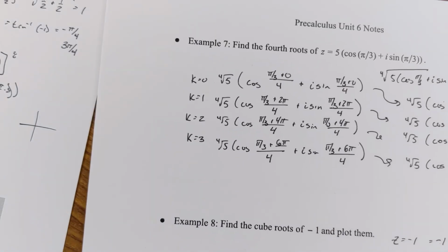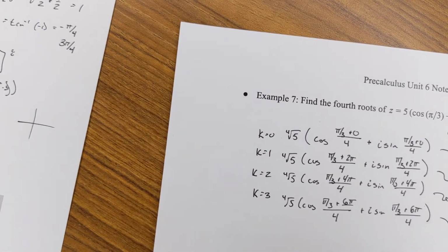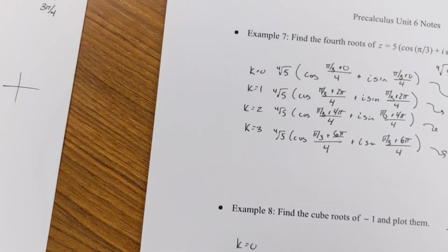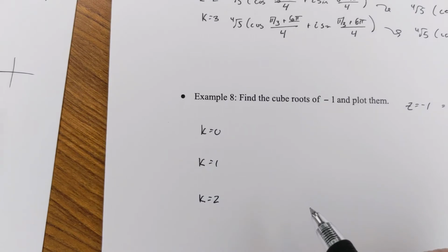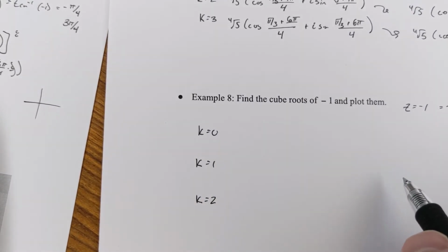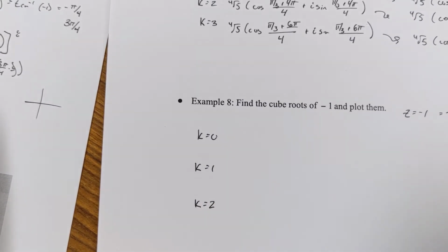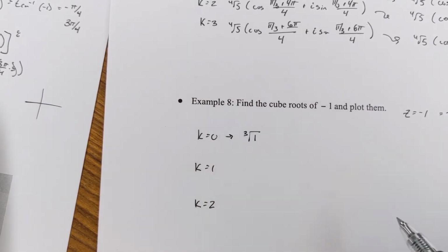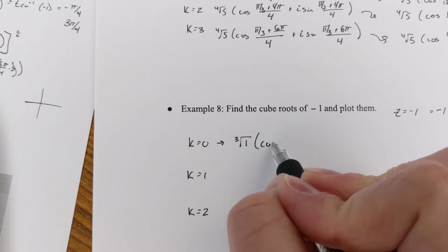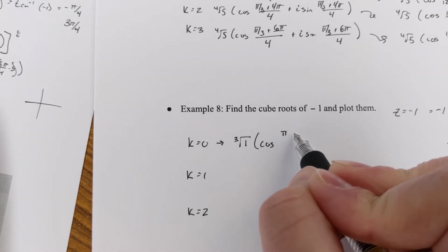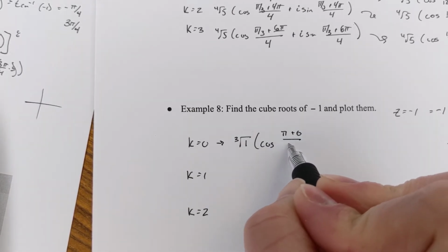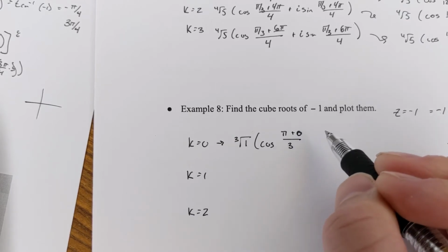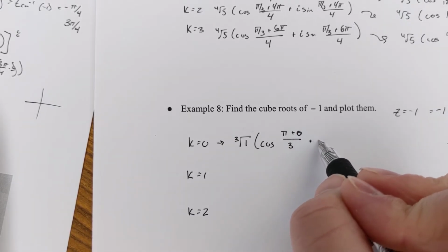So cube roots. So k equals 0, k equals 1, k equals 2. So cube root of -1. So my r value is 1. So this would become the cube root of 1. Cosine of theta. The first one's always plus 0 because k is 0. So 2 pi goes away.